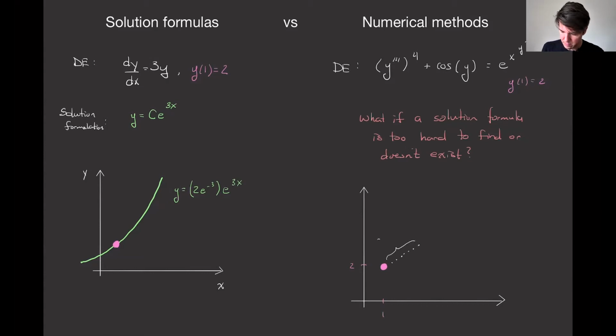There's an algorithm that allows you to approximate a new point. And maybe I'll put that new point in green here. So we go through an algorithm, we get a new point. Then we do the algorithm again.